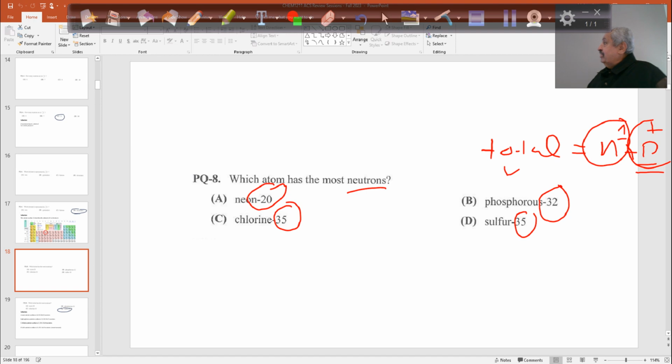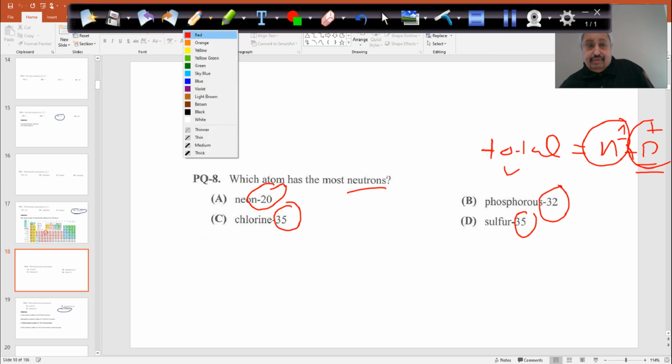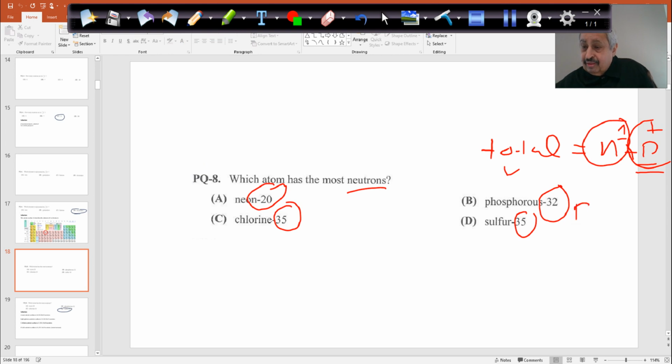So phosphorus, what's the atomic number of phosphorus, which is the number of the protons? Look it up in the periodic table. If you don't have the periodic table, let me go back and look with you here at the atomic numbers.